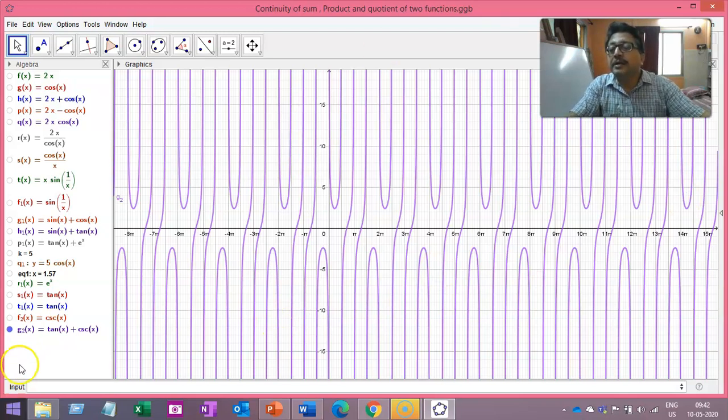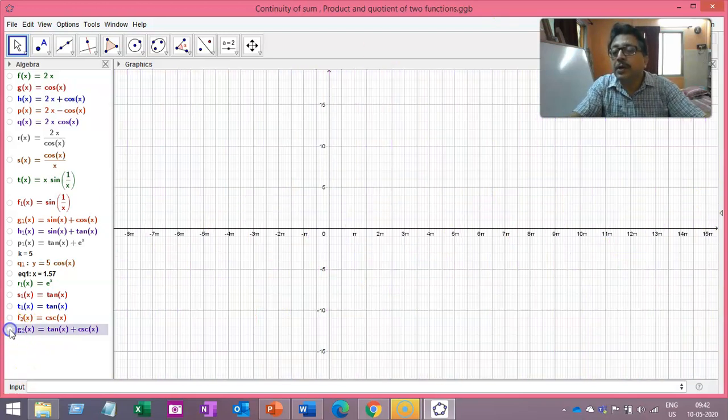But the sum of two continuous functions will remain continuous everywhere. This is the learning from this article today, that we should keep in mind that the sum of two continuous functions, you know how to find the domain of the sum of two functions, will be continuous in that domain.